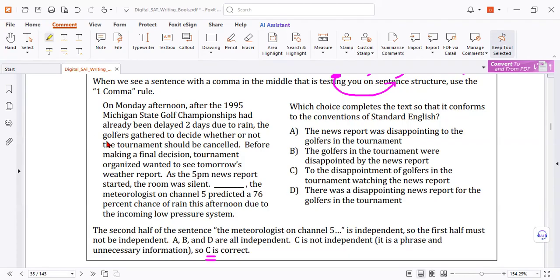Now, what is your answer? Yeah, they all look the same. All of them the same, correct? The D doesn't sound right.